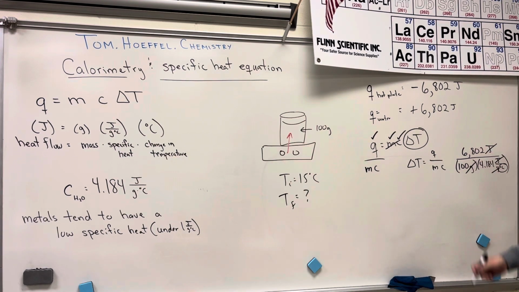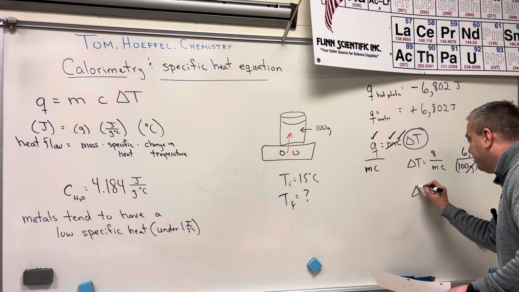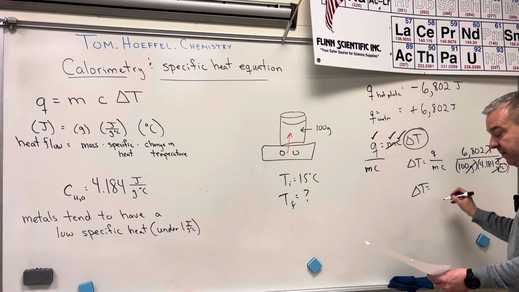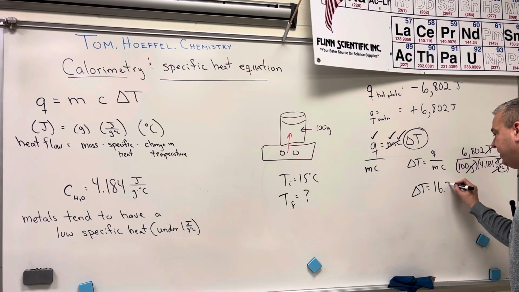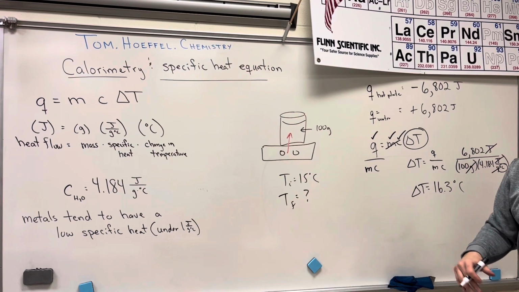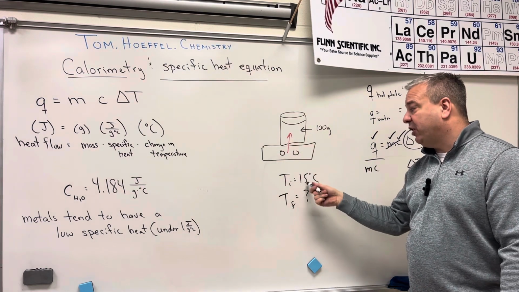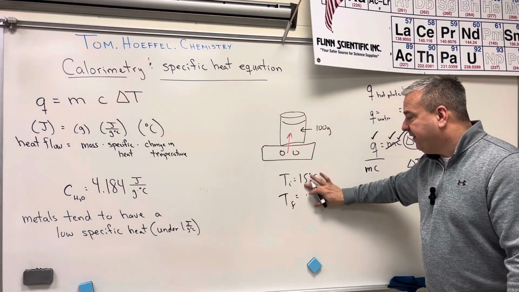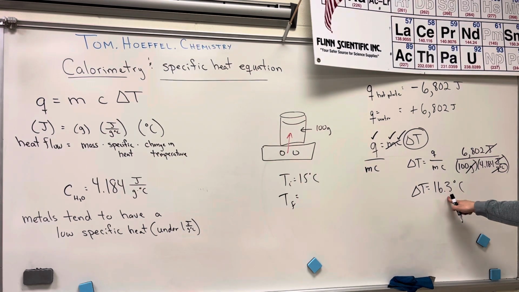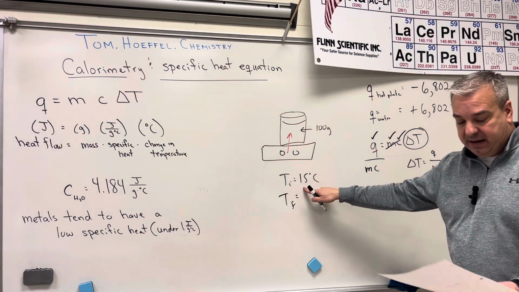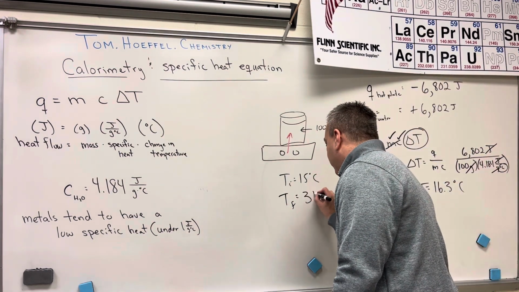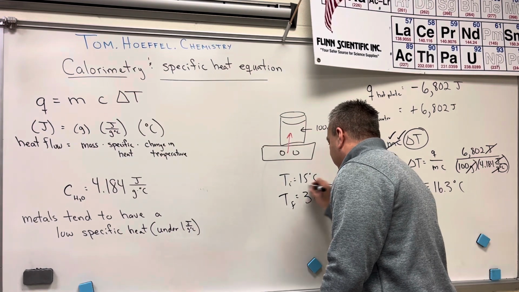So in my calculator, 6,802 joules divided by 100 divided by 4.184, that tells me that the delta T, the change in temperature, is a positive 16.3 degrees Celsius, which means that the temperature is going to increase. And if I add 16.3 degrees Celsius to 15, I'll get an answer of 31.3 degrees Celsius.